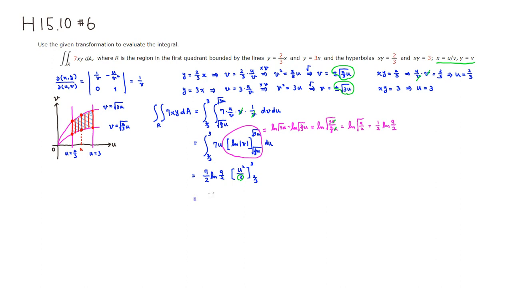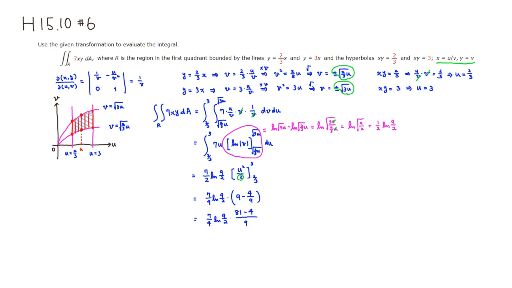We're going to have 7 over 4 natural log of 9 over 2 times, I plug in 3, so 3 squared is 9, minus 2/3 squared, which is 4/9. So simplify that. It's 7 over 4 natural log of 9 over 2 times, with common denominator 9, 81 over 9 minus 4.